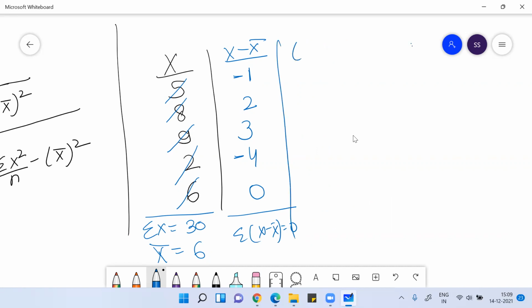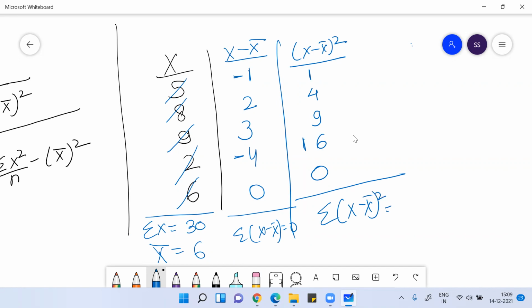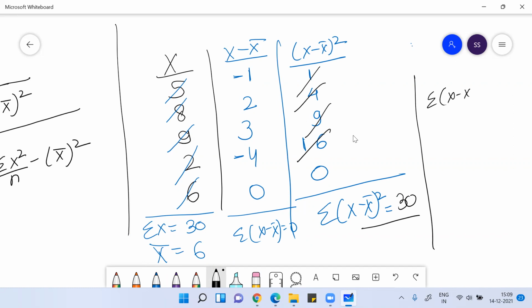What you can do after this is find x minus x bar whole square: 1, 4, 9, 16, 0. The sum of x minus x bar square would be 16 plus 4, 20, 20 plus 9, 29 plus 1, 30, and n here is 5.